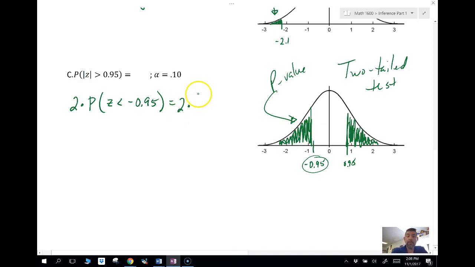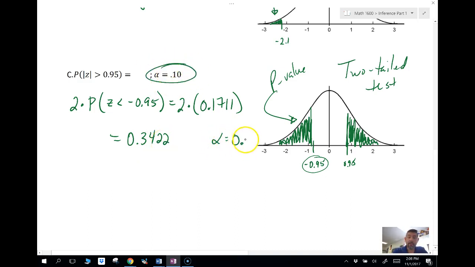So I look that up and I get 0.1711, which gives me a total p-value of 0.3422, which compared to my alpha level of 0.1 is greater than that. So when my p-value is greater than my alpha level, I'm going to fail to reject the null.